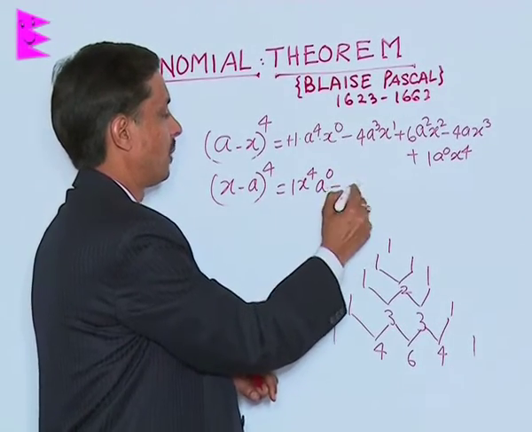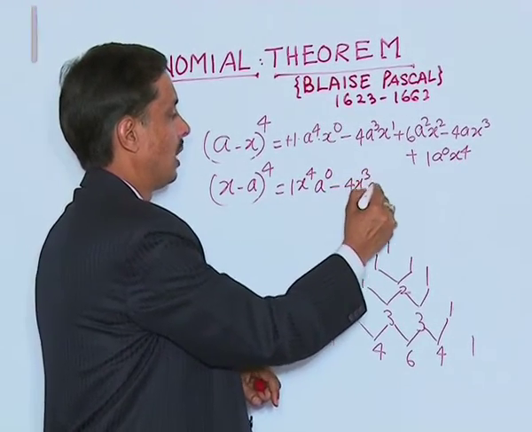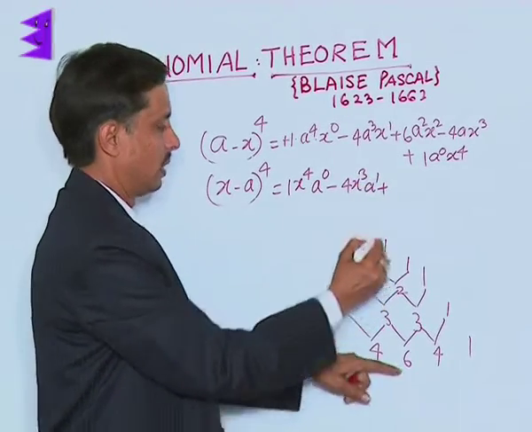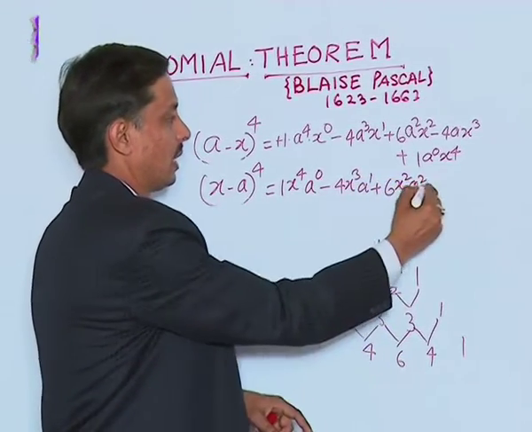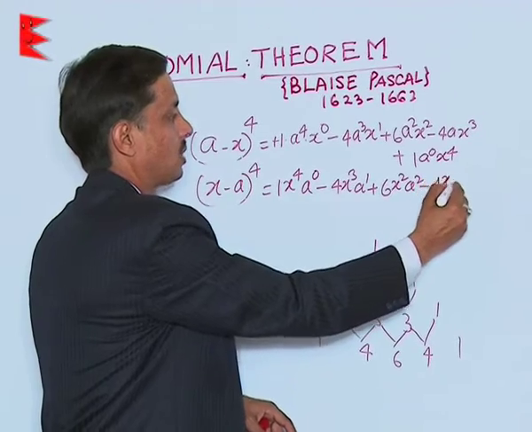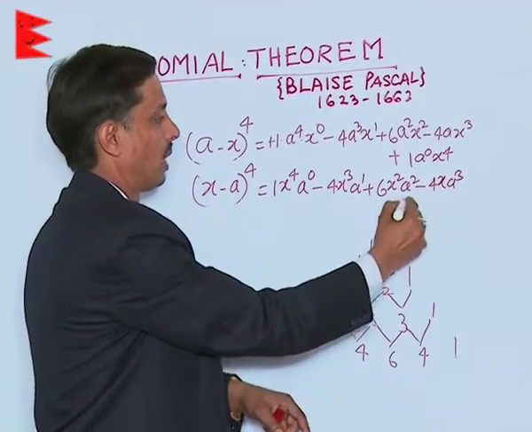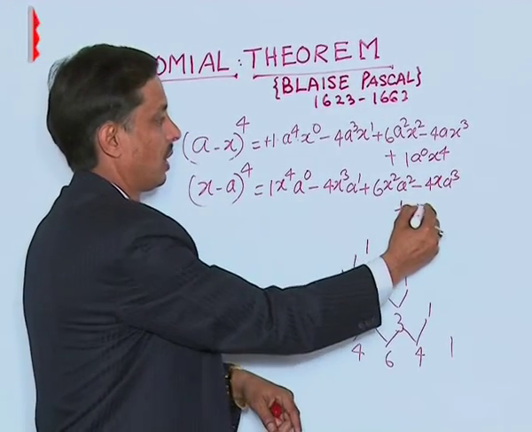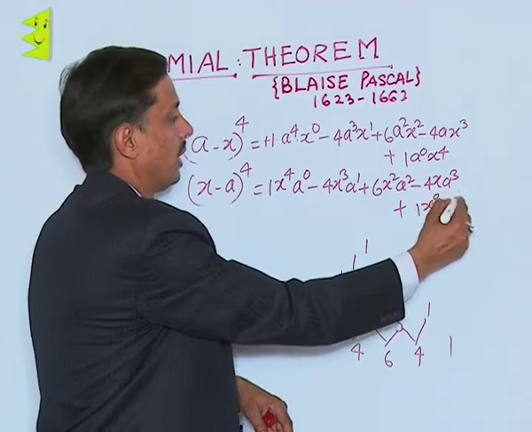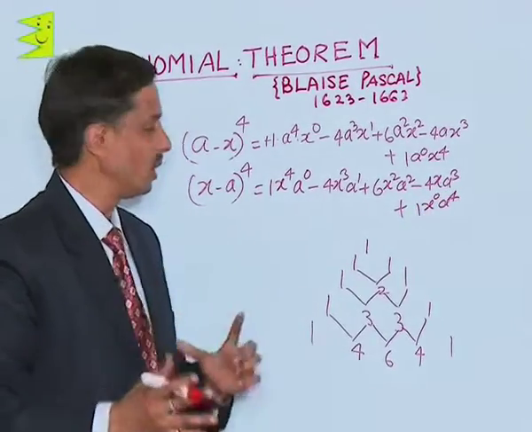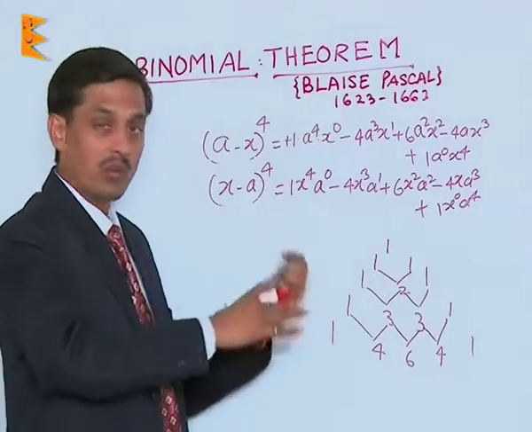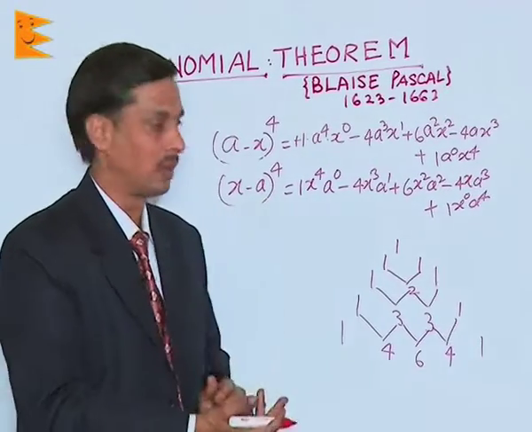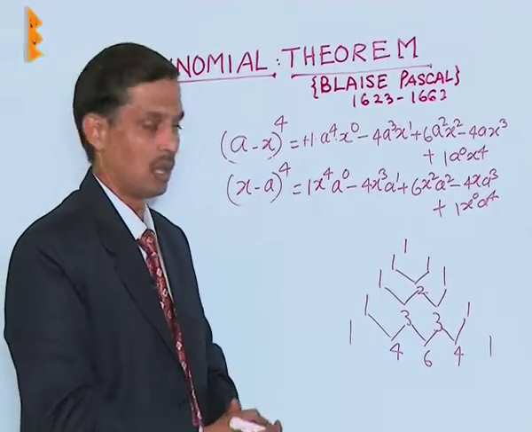We have to take here 4 x cube a^1, then plus 6 x square a square, then minus 4 x a cube, then plus 1. This becomes x^0 a's power 4. So what we need to take care of: whose sign is negative, we have to take that's increasing power and others decreasing power.